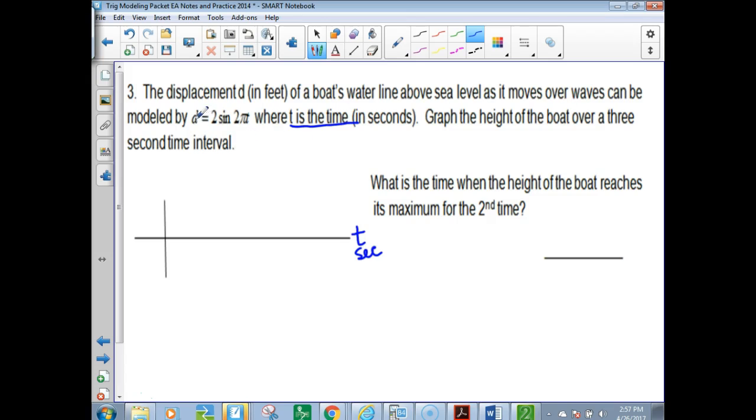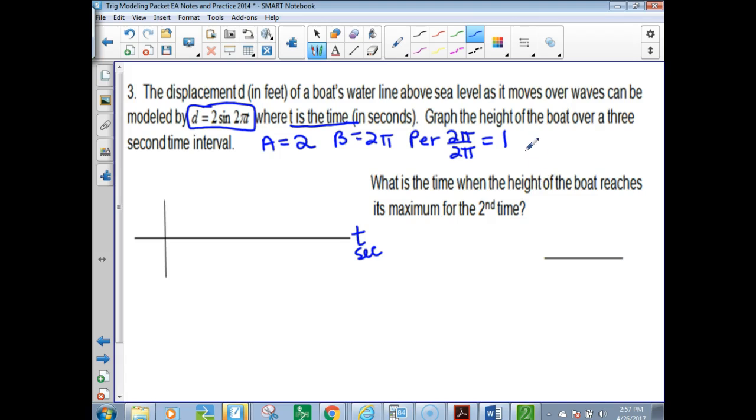Okay, so it says that this is the equation. We're going to use that to get our graph. I see an A value of 2, so our amplitude is 2. I see a B value of 2 pi, which means the period is 2 pi divided by 2 pi, which is 1.